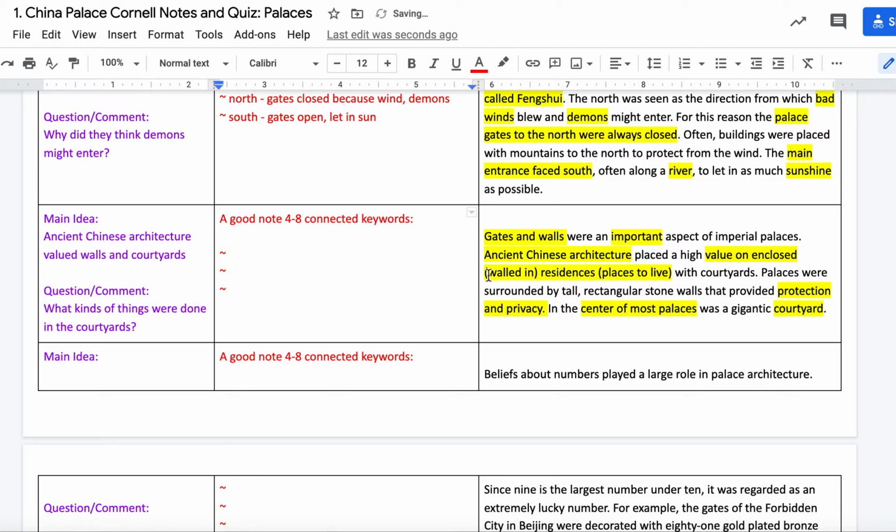And then I go over here and I'm like, what are my subtopics? What are my notes over here about the walls and the courtyards? So I would say, you know, gates and walls, important architecture.